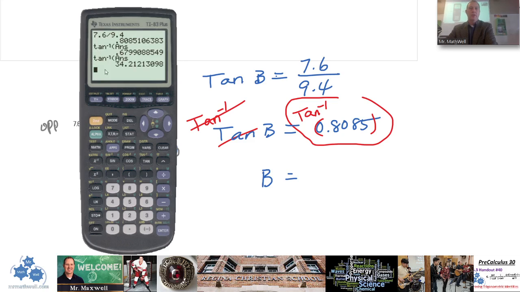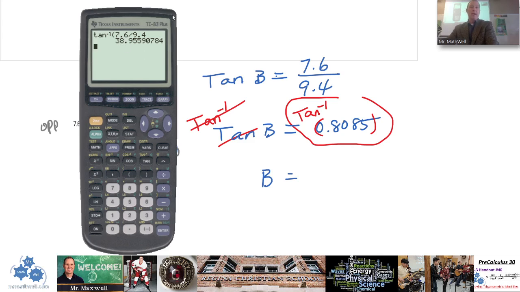So tan, second function tan of, what's this ratio? You can go right from the numbers there, 7.6 divided by 9.4, and that's going to be 38.9. Okay, did you guys get that? Now that I've messed around with these, make sure your calculator's on degrees so you don't mess up there like I did.